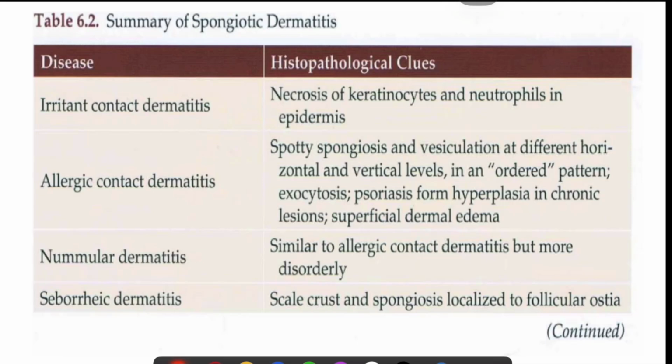So this is the summary slide. If irritant contact dermatitis is there, the important clue is necrosis of keratinocytes and neutrophils in the epidermis. In allergic contact dermatitis, you find spotty spongiosis and vesiculation at different horizontal and vertical levels in an ordered pattern. There is exocytosis, psoriasiform hyperplasia in chronic lesions, and superficial dermal edema.